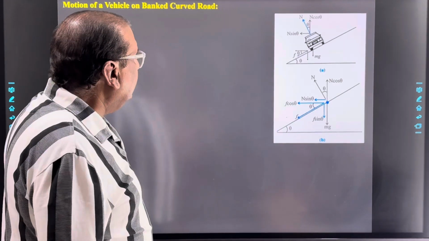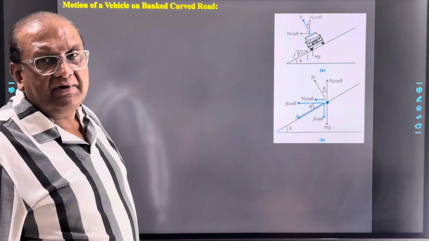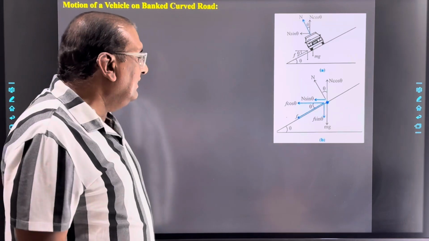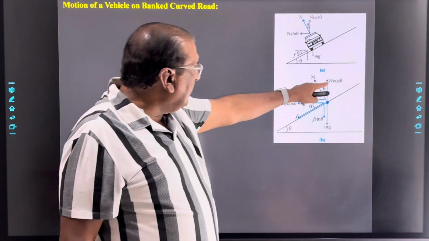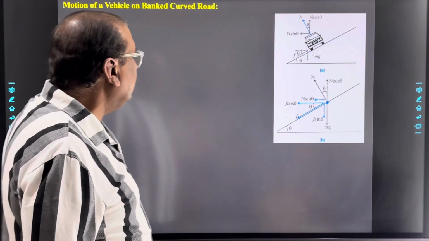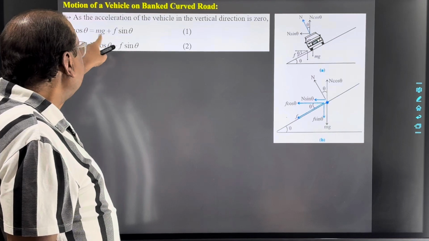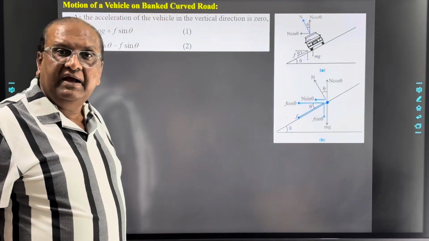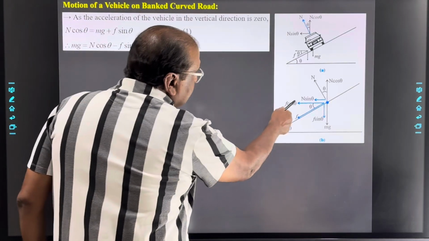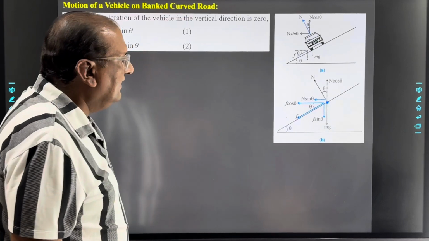Now in vertical direction there is no acceleration. In other words, we can say there is vertical equilibrium. It implies that we can write n cos theta is equal to f sin theta plus mg. Okay, n cos theta is f sin theta plus mg. And the forces which are towards the center, two forces are towards the center, n sin theta and f cos theta.